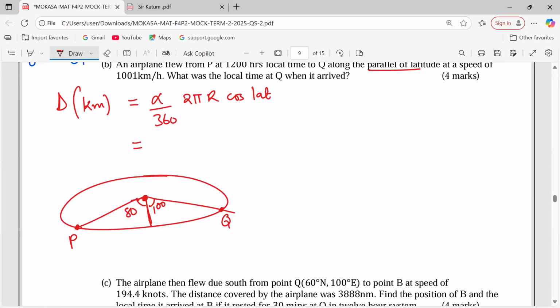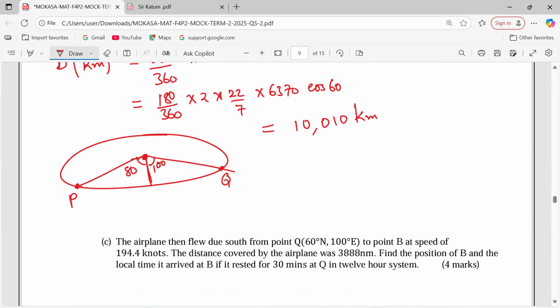So the small circle is having 180 at the center over 360 times 2 pi r cosine of 60. So the angle there is 60. And the total distance that will be covered is going to be 10,010 kilometers.